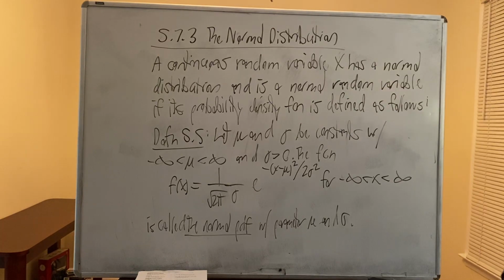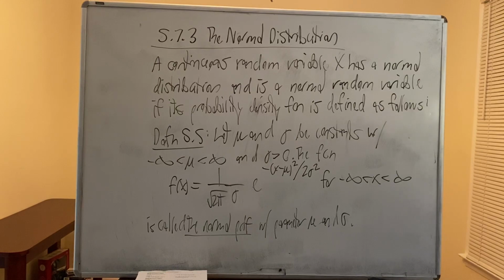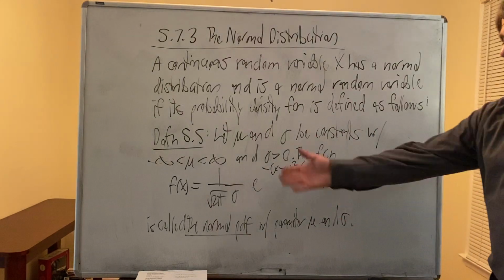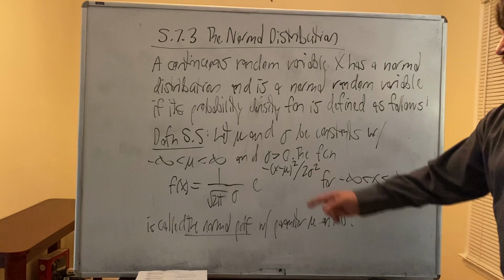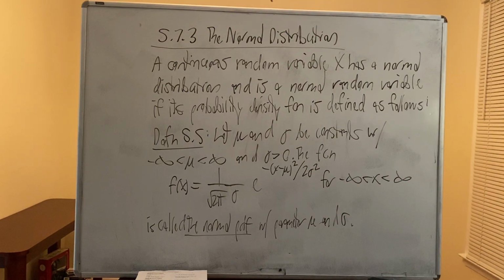Okay, so a continuous random variable x has a normal distribution and is a normal random variable if its probability density function is defined as follows. Definition 5.5. Let mu and sigma be constants with mu being a real number and sigma being positive. The function f of x equals 1 over the square root of 2 pi times sigma times e to the negative x minus mu squared over 2 sigma squared for any real x is called the normal PDF with parameters mu and sigma. Okay, so that's the equation. Mu is real, sigma is positive, and that's the PDF.